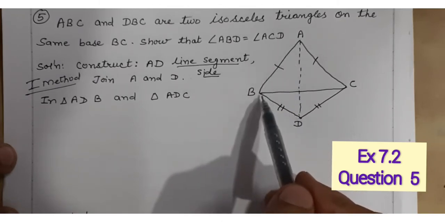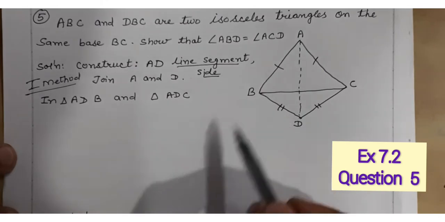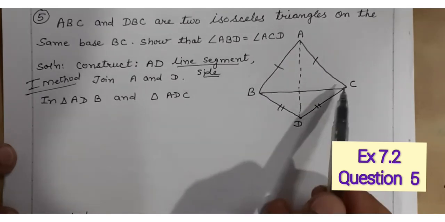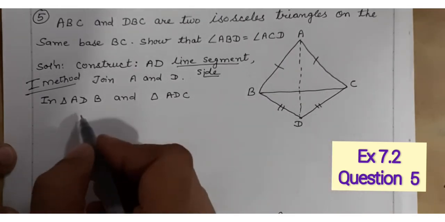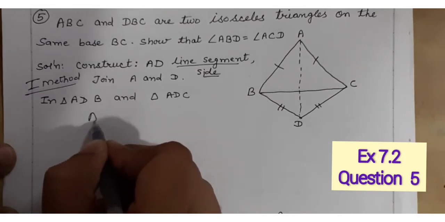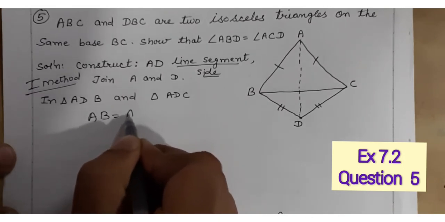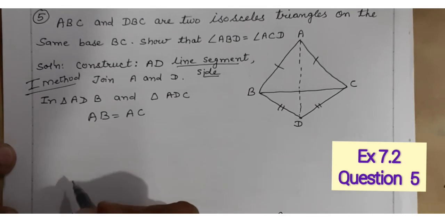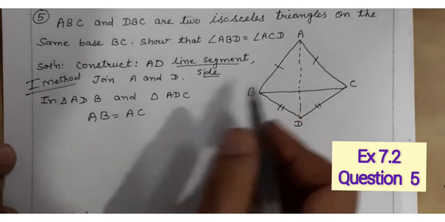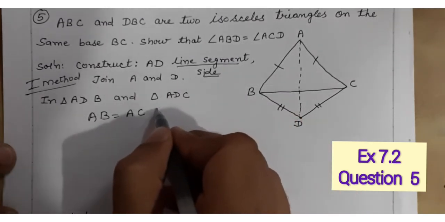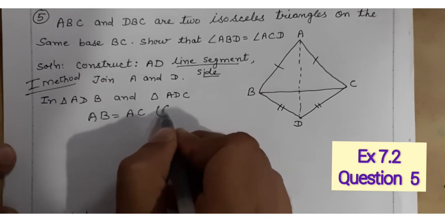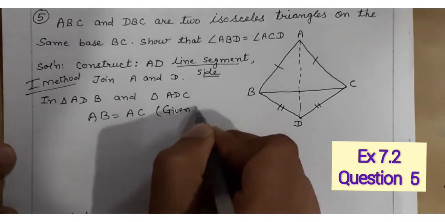Now, I am taking one triangle ADB and a second triangle ADC. Now see what is given. AB equal to AC, isn't it? Because this is an isosceles triangle, and it is given in the figure also.